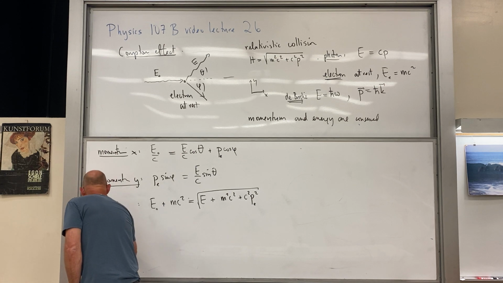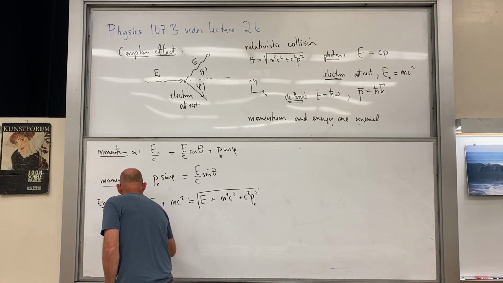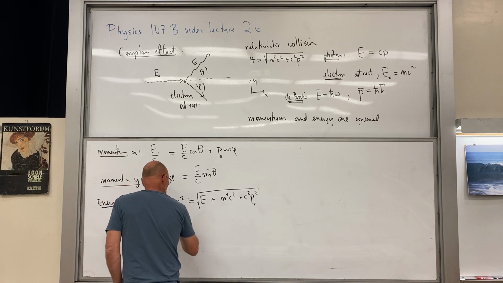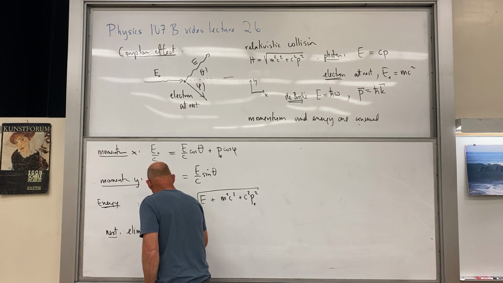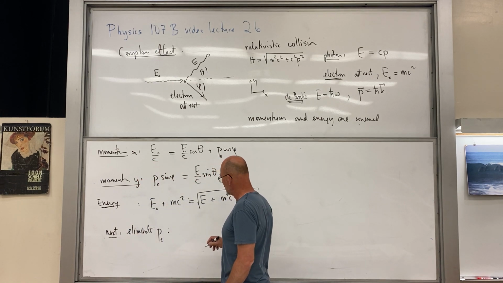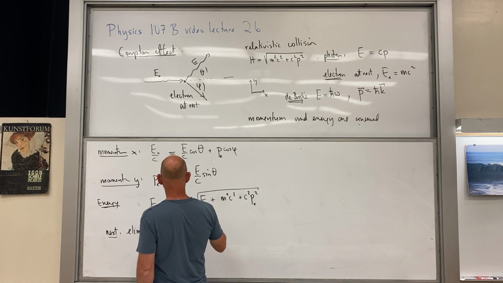We can do it with these first two equations. So next, eliminate p sub electron as follows. What's the best way to do this?